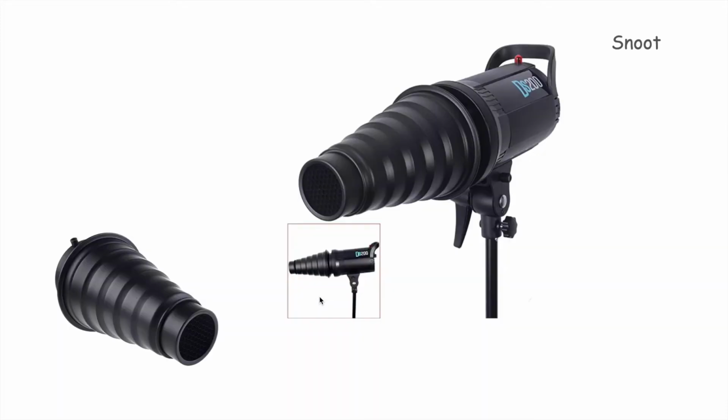Then we have this thing called a snoot. Snoot's such a funny word. It's probably the strangest word you'll come across in photography. Basically, it's like a long tube which attaches to the flash light you're using in conjunction with your camera. It restricts the light from quite a wide beam to a much narrower beam.